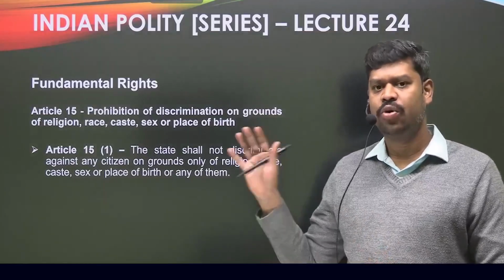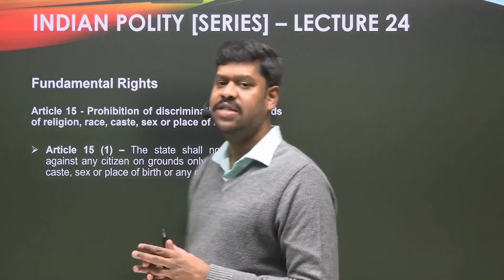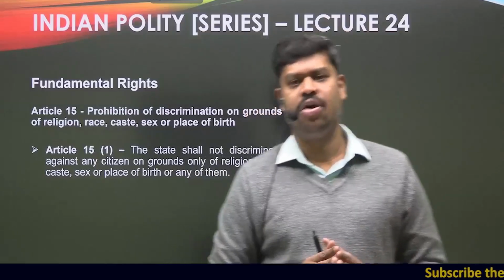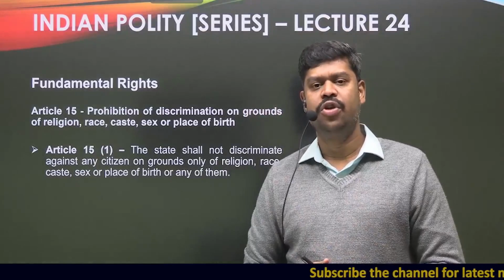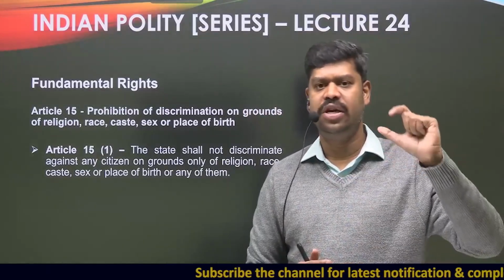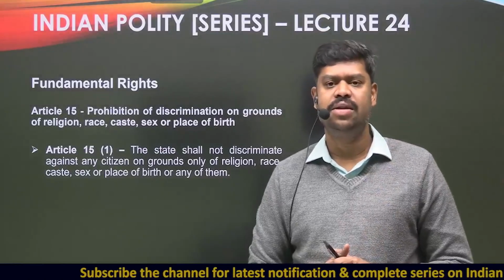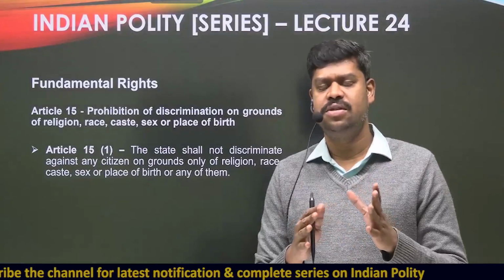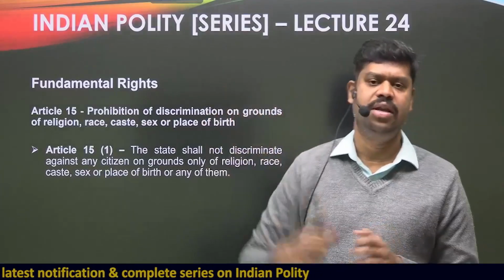So now we are going into Article 15 of the Constitution, where again the major theme is revolving around what is called the principle of equality, or in other words, no discrimination. While Article 14 in general is talking about the state in its policies or in its principles should not discriminate, Article 15 is making it very clear that the state in its policies shall not restrict or discriminate with regard to certain areas.